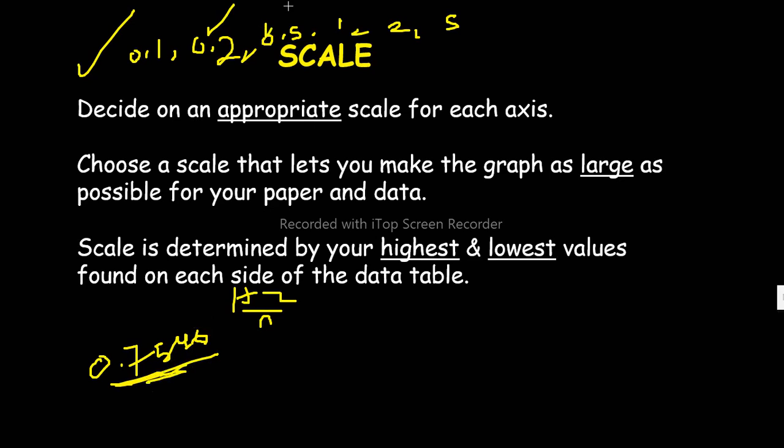And still the 0.5 is also smaller than the 0.75. The answer that you've gotten when you divided the difference, highest minus lowest, by the number of boxes. So therefore, what shall we do? We shall simply go to the next value. And if 0.75, the next value is simply 1. So your scale is going to be in ones. 1, 2, 3, 4, 5, 6, 7, and so on.